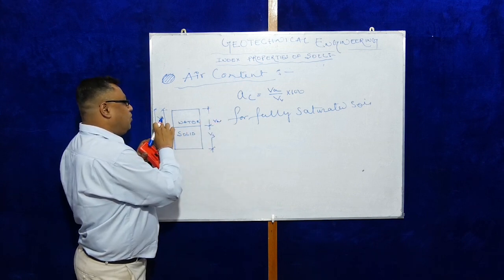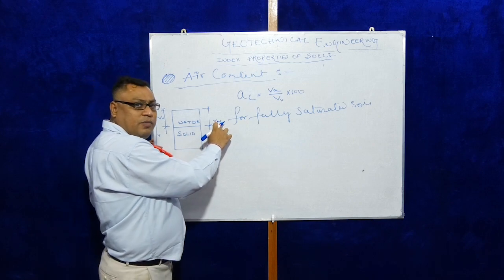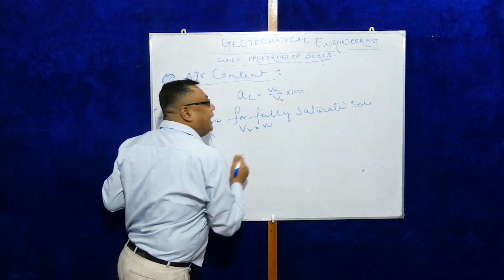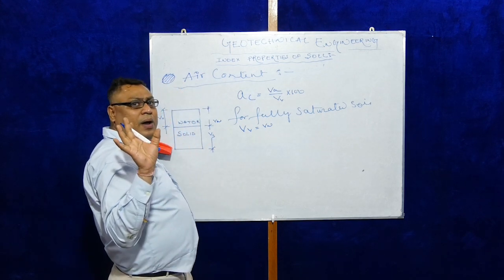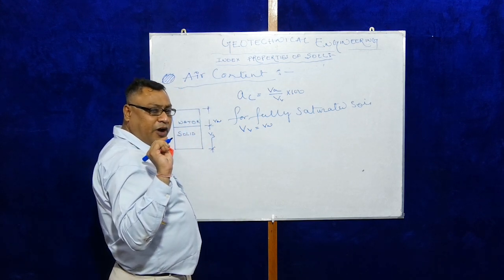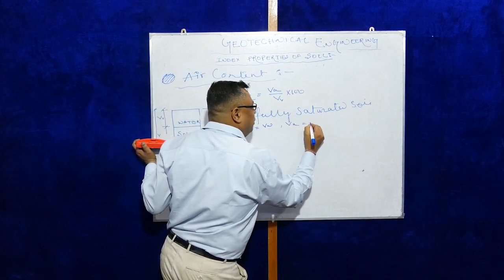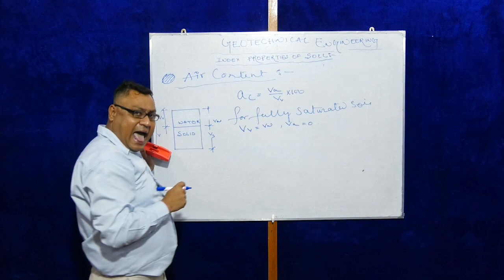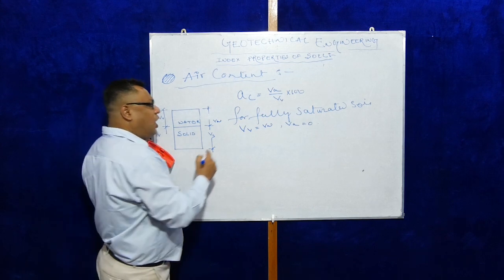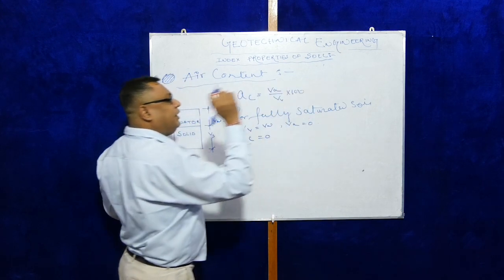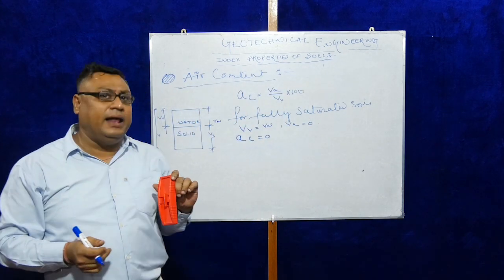Therefore, volume of void is equal to volume of water. That means there is no air present in void space of soil sample. Therefore, volume of air is equal to 0. As the volume of air is equal to 0, air content is also 0 for fully saturated soil sample.